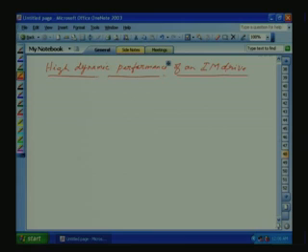What is meant by high dynamic performance? A performance similar to a separately excited DC motor, which we have studied before.